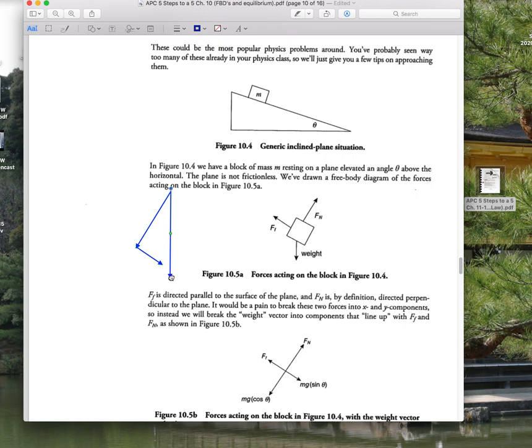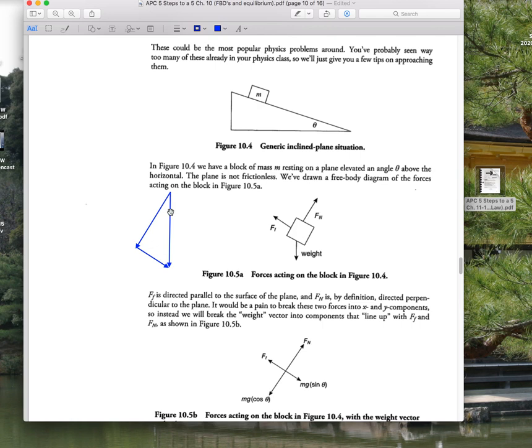So I'm going to adjust these. So this one is the weight. That would be the longest of the three.